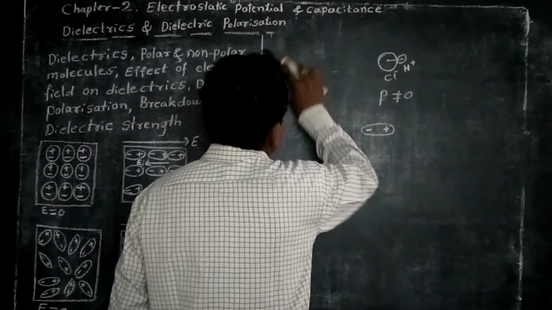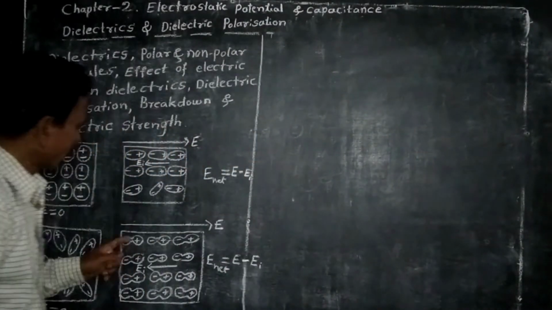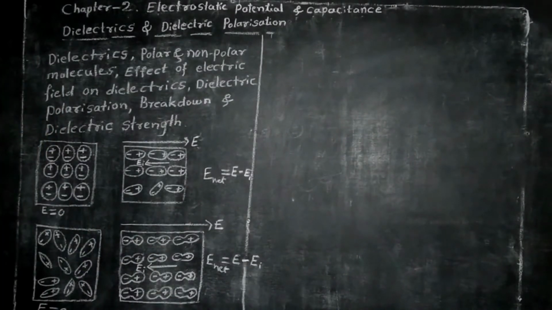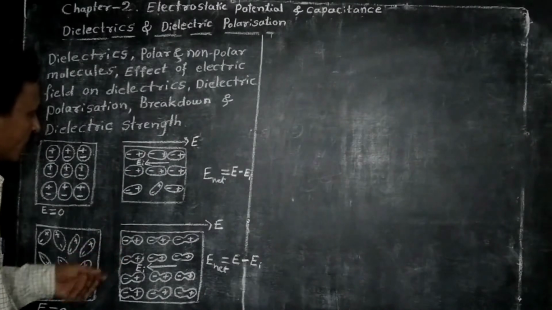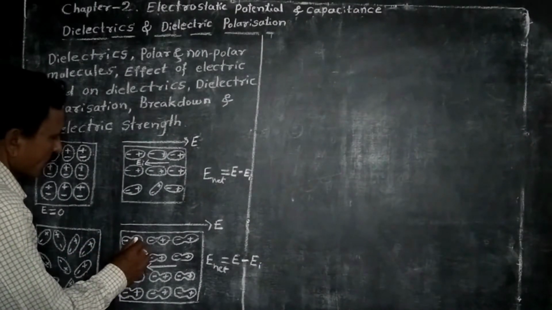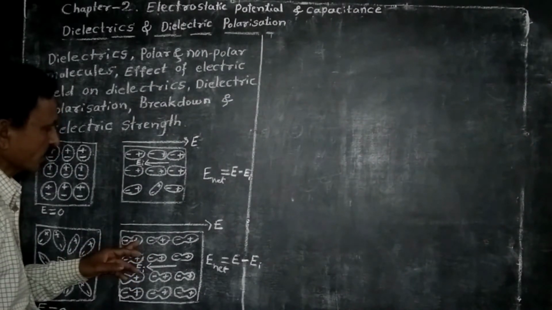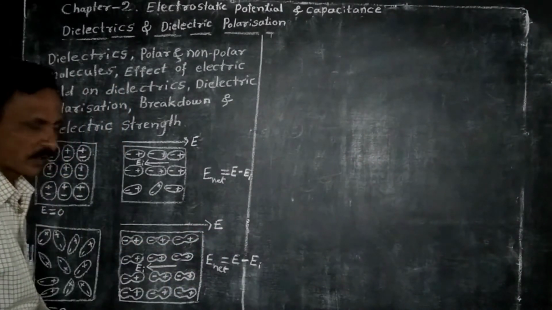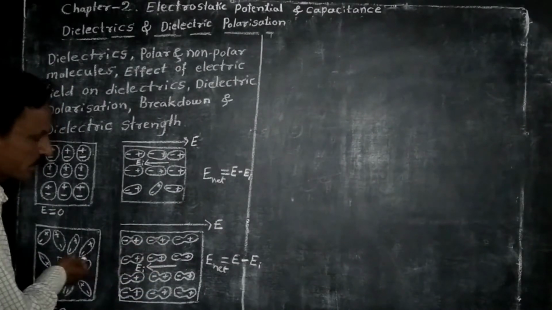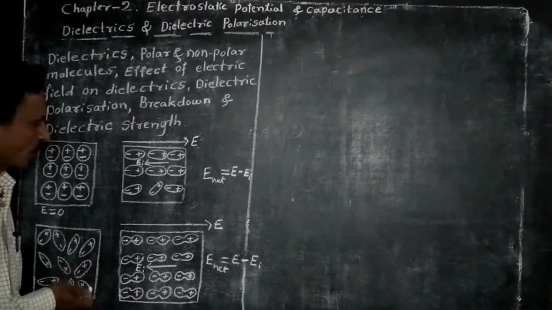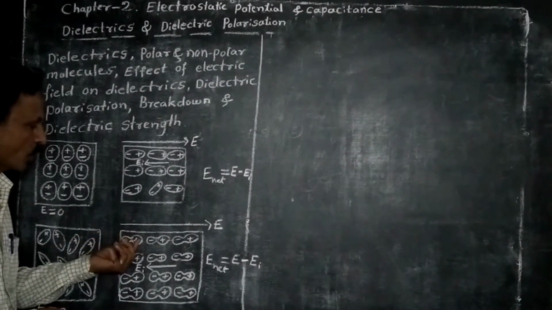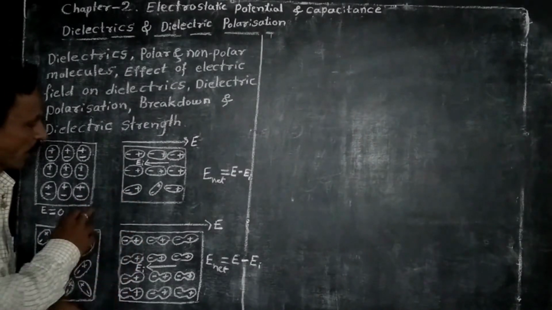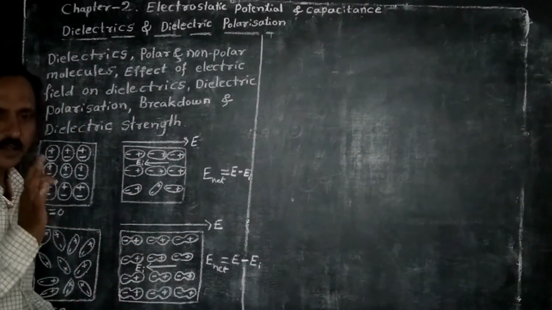Now, suppose the external field increases, what happens? The positive charges are more attracted in the direction of the electric field and negative charges in the opposite direction. Therefore, the bonding between positive and negative charges becomes weaker and weaker as the external field increases.